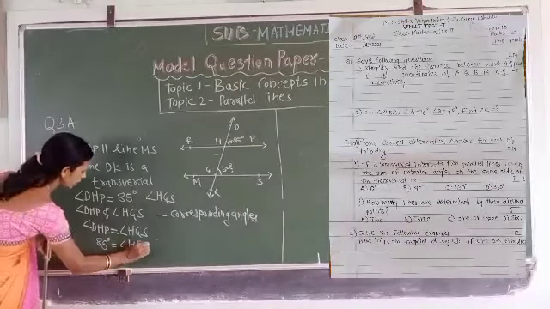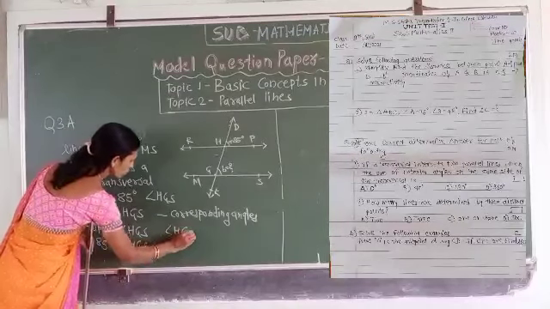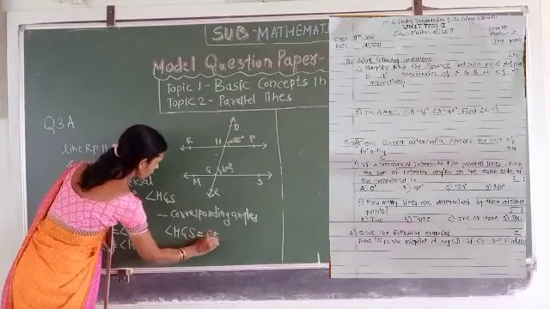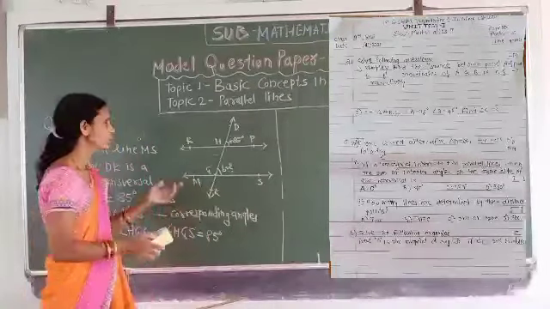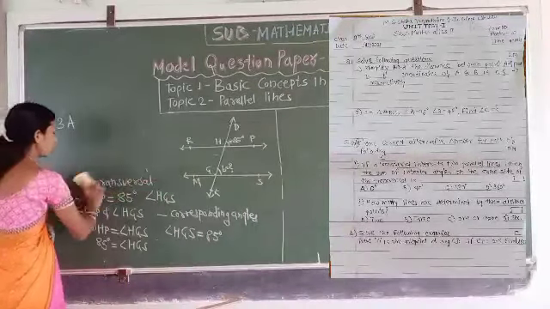Therefore angle HGS is also 85 degrees. That is the example which is given in question number 3a.